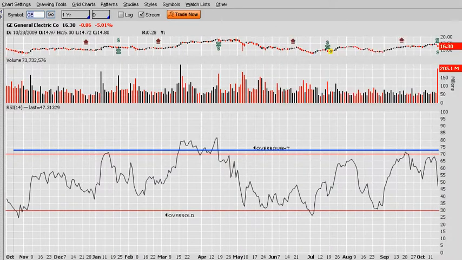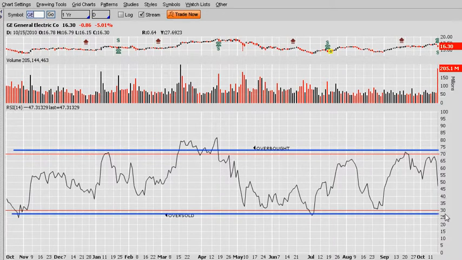But anyway, here's what we got, and I'll construct this line at the bottom again. And we would buy, here I'll put the signals in, we would buy when it gets to the oversold level, and we would sell when it gets to the overbought level. So we would buy there, we would sell.